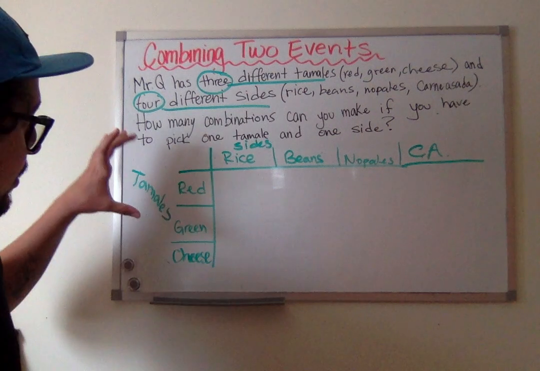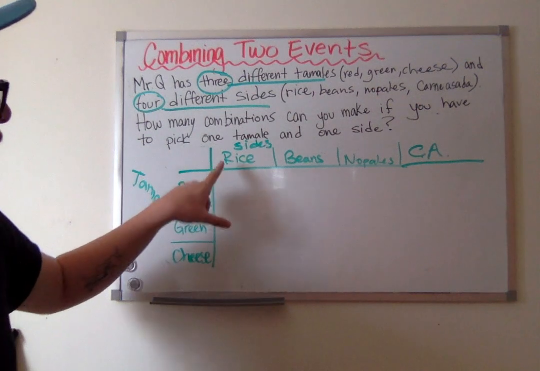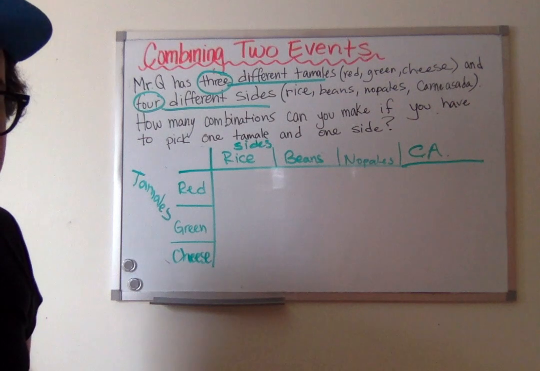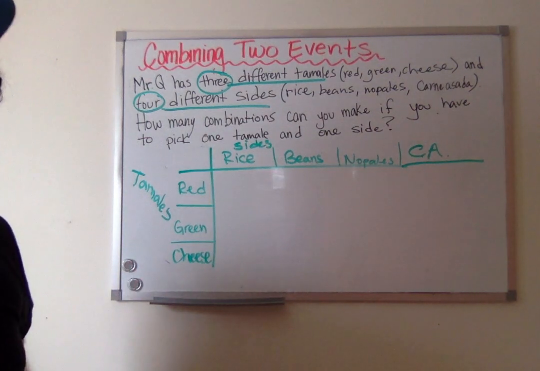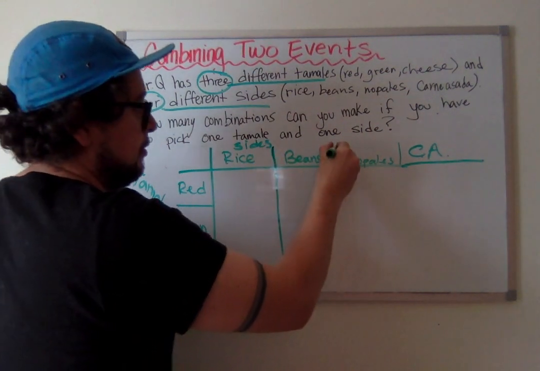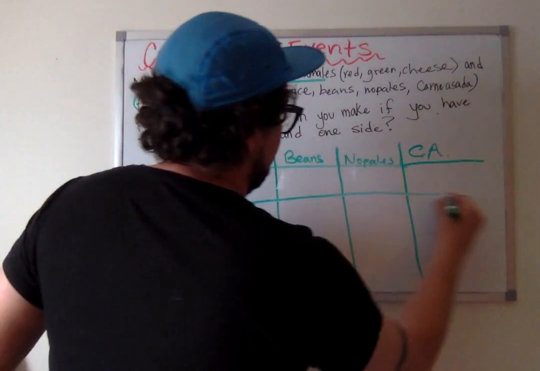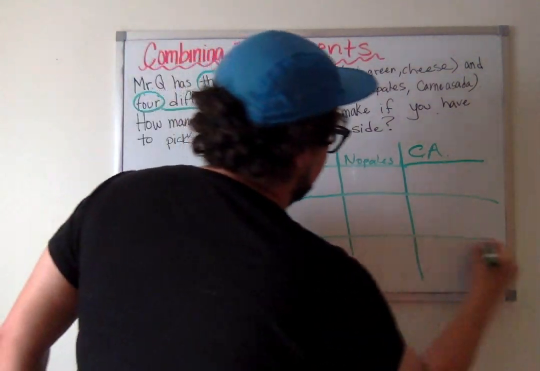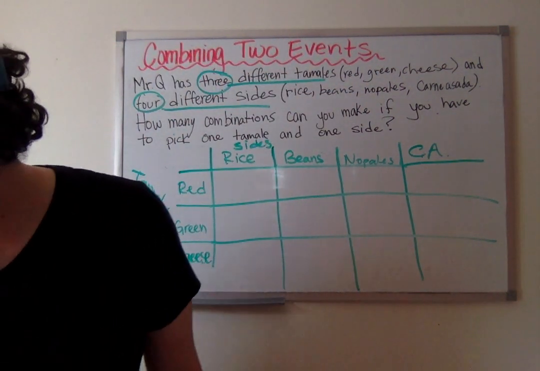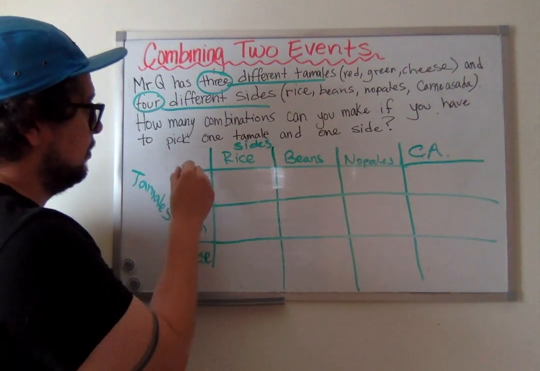So I've listed all my options or events for tamales, and I also listed all my options or events for the sides that I can pick. And now I want to combine them. The way we're going to do this is we're going to turn this into a little table so that we can just start putting our combinations together. So I can combine my red with my rice.